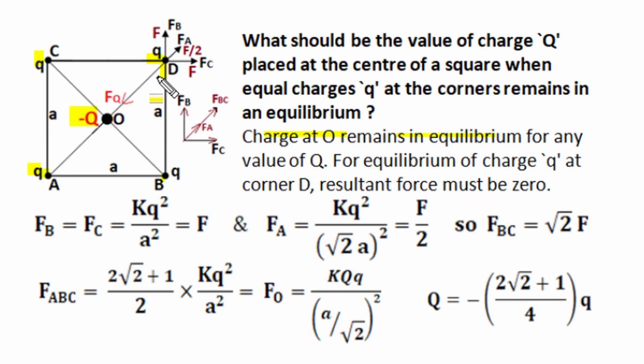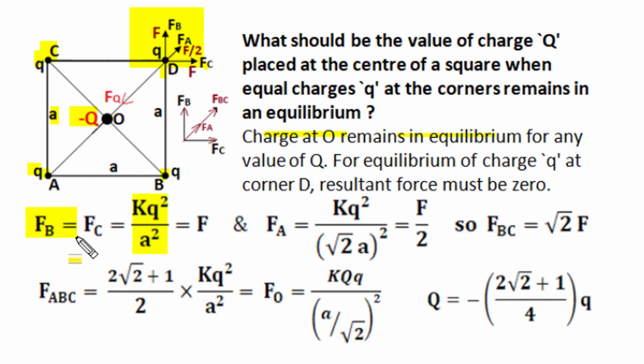Let's calculate the equilibrium condition for the charge at position D. The charge at position A makes a repulsive force FA, and similarly the repulsive forces of the charges at positions B and C are FB and FC, on the joining line outward as shown here. For a square of side A, the electric force of a Q charge at a distance A is KQ square upon A square.